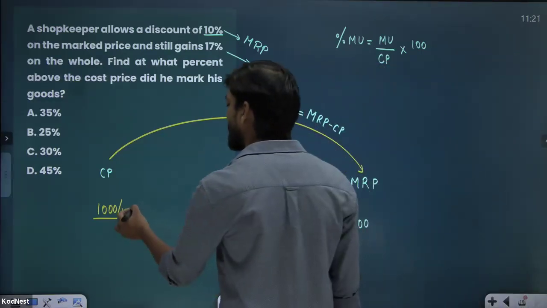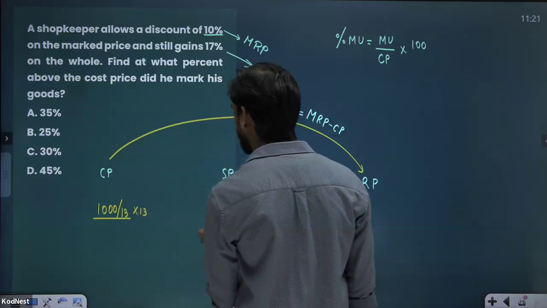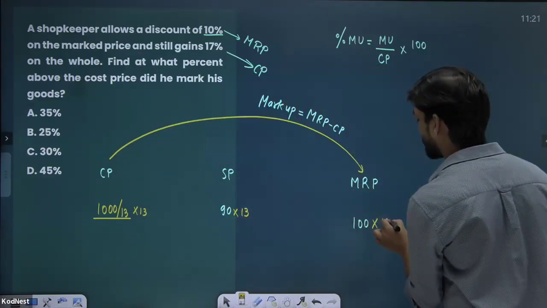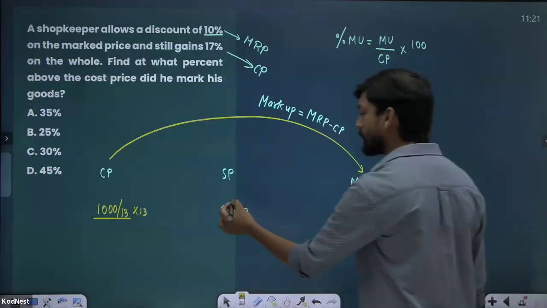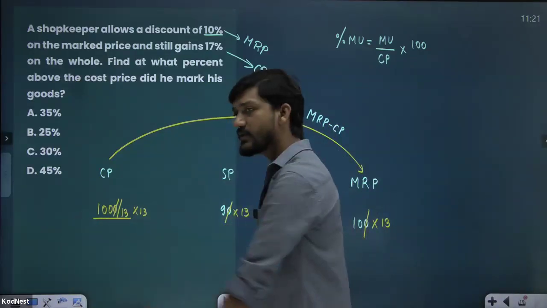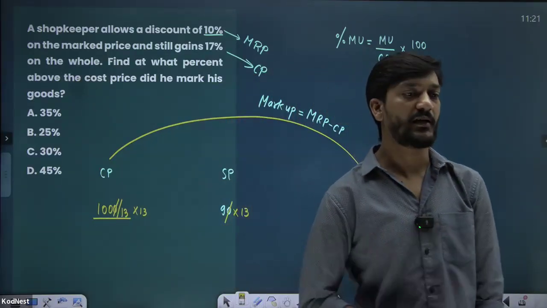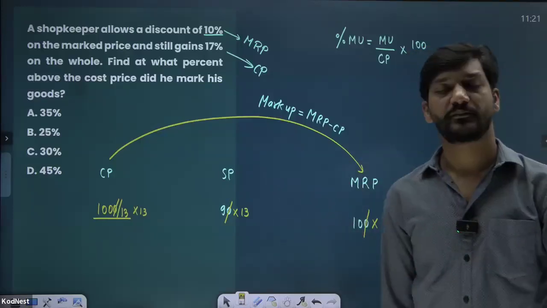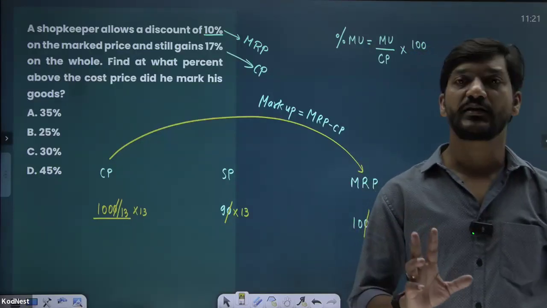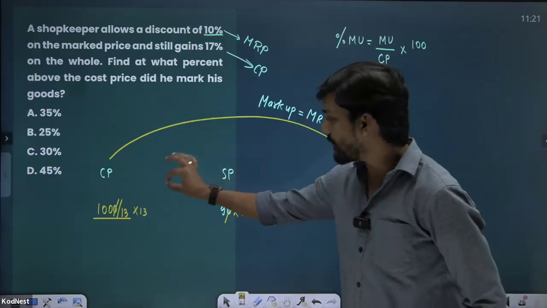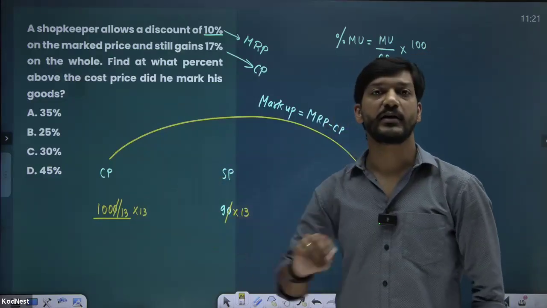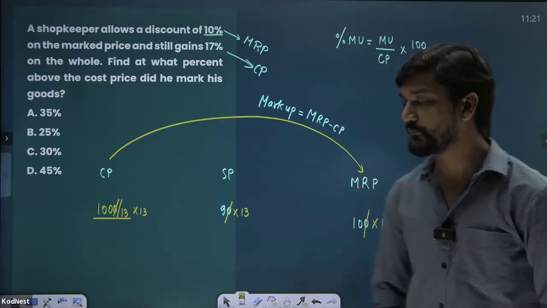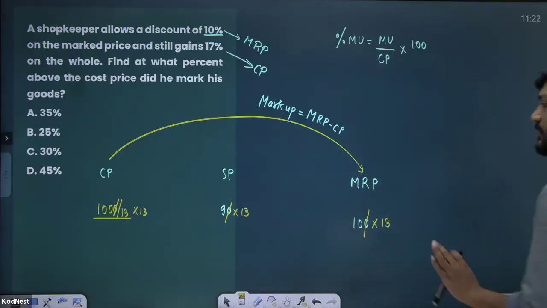If I multiply by 13 everywhere, and cancel 10, is the calculation simplified? Please answer that. If I multiply by 13 everywhere, because I want to remove the fractions. So that's why I'm doing multiplication. I'm modifying the values. I've told you this modification in percentage is allowed. So if I multiply like this, is it fine?